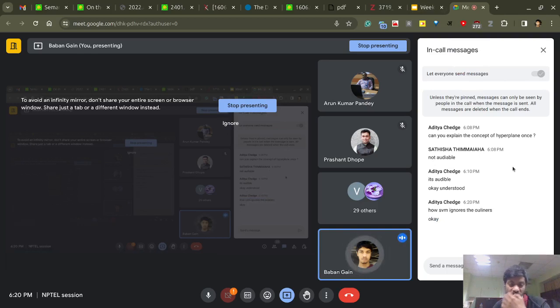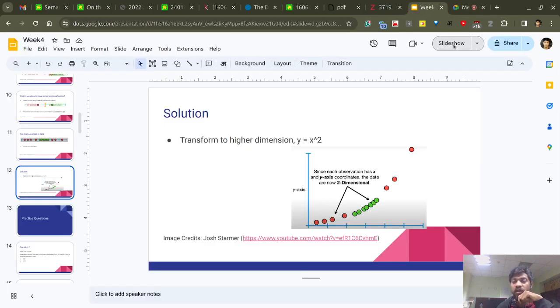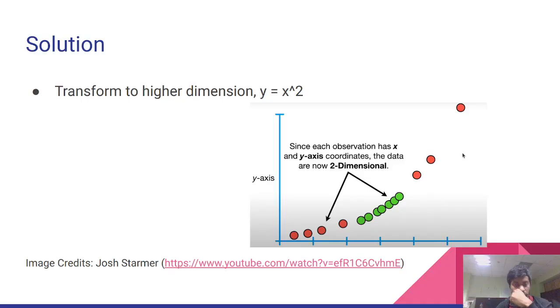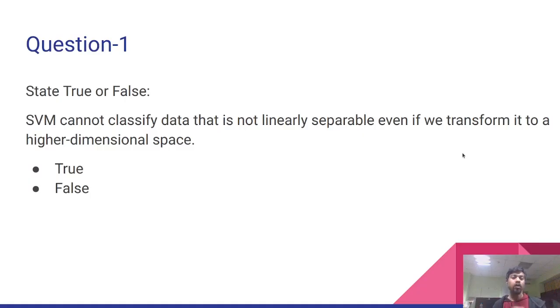In previous sessions, I solved the questions, but this time I will give you the questions. You will solve them and write the answers in the chat box, and then I will discuss the answers. So this is the first question. Please think it through yourself and write the answer in the chat box.